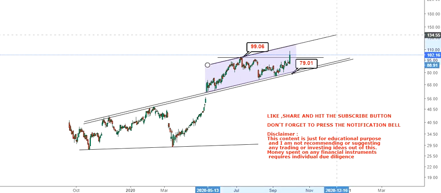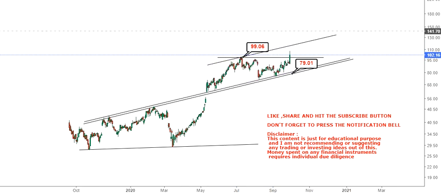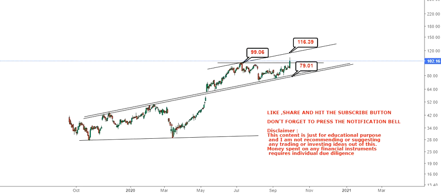So you have your support level and now you have your trend here. With this breakout the stock should go towards 116 on the upside. So 116 will be the first target, or the first resistance, which the stock could see on the upside probably in the days to come.